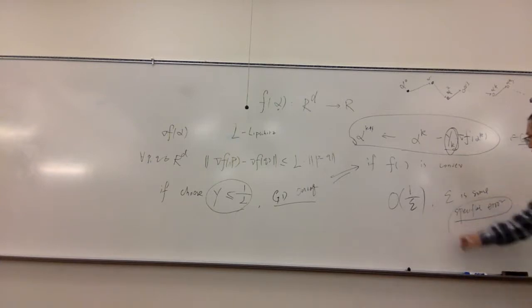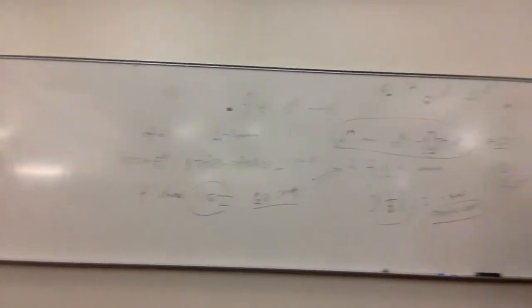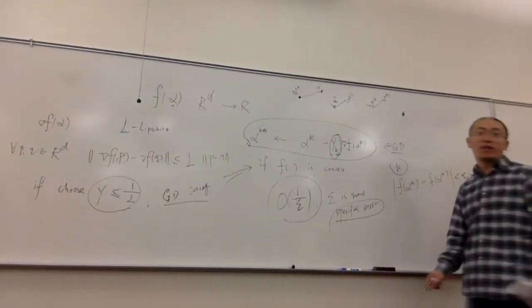So basically, if I want that after k updates the function value is no further away from the local minimum than epsilon, then the number of updates k is big O of 1 over epsilon. This is what we have discussed in the last lecture, right?